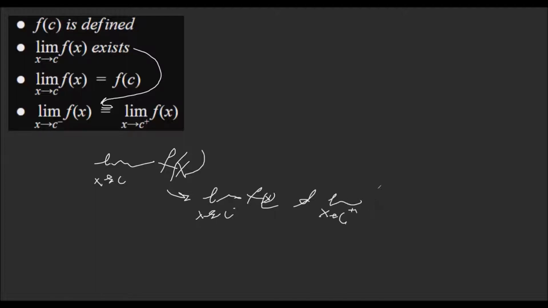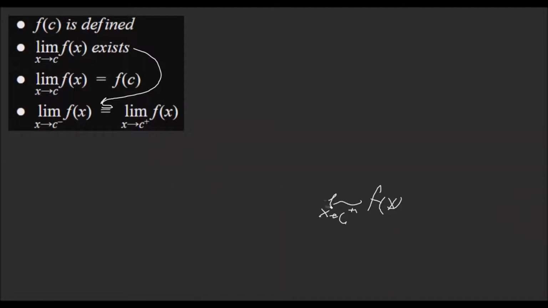And it's important to note that if a function at point c fails to meet any of these 3 requirements, then it can be considered discontinuous. Now the final condition is that the limit as x approaches c of f of x equals f of c.